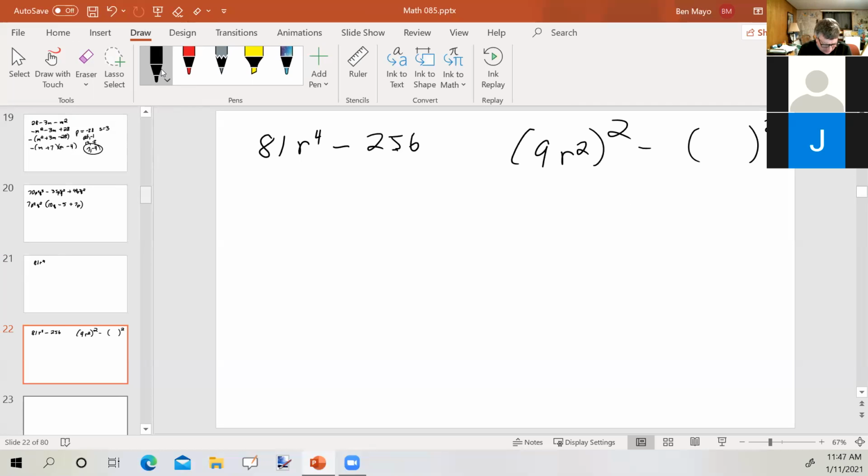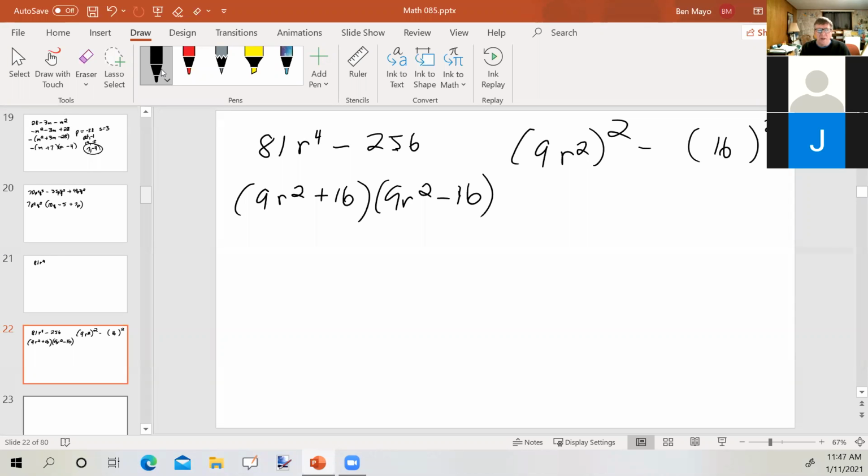Let's see. I'm going to take 256 on my calculator and take the square root. Oh, yeah, it is. It's 16 squared. So that means I have 9r squared plus 16 times 9r squared minus 16.